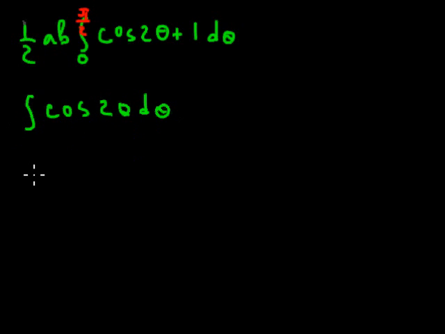And to solve this integral, we're going to use u substitution. We say u equals 2 theta, and let's differentiate it, and we get du d theta equals 2, and d theta equals du over 2.